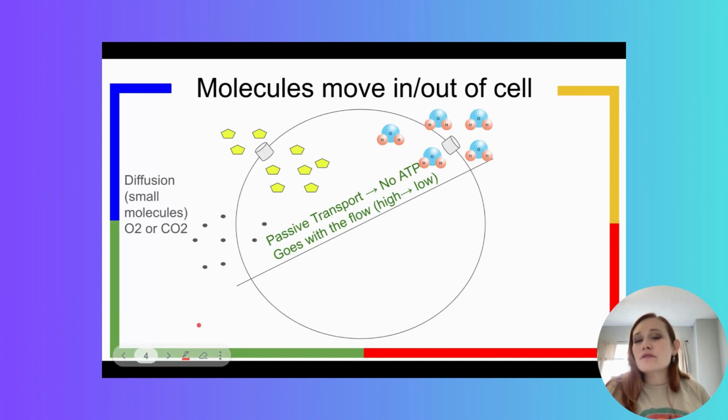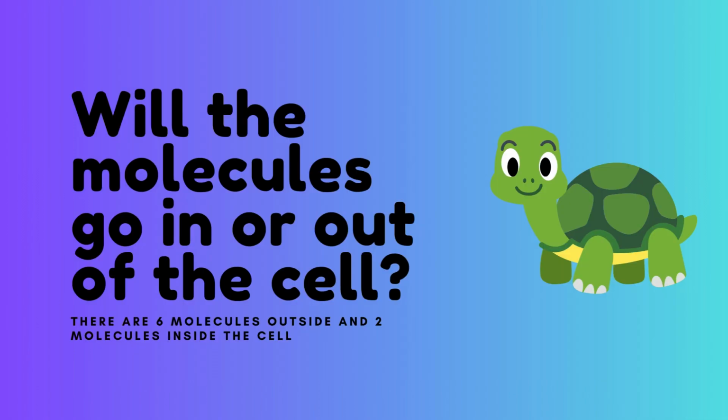This brings us to our first type of passive transport, and that is diffusion. Diffusion is where your small hydrophobic molecules go straight across the membrane, things like oxygen, carbon dioxide, and other types of lipids as well. Here we have 6 small molecules outside the cell, and there are 2 molecules inside.